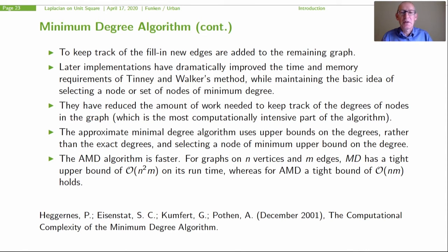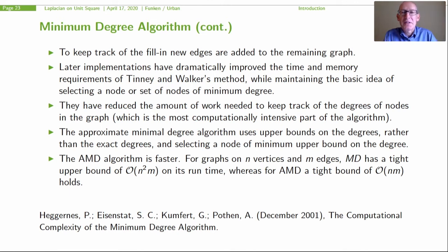With respect to the fill-in, even the minimal degree algorithm was some kind of heuristic. But on the other hand, computing the AMD, the approximative minimal degree, by using upper estimates is much faster.